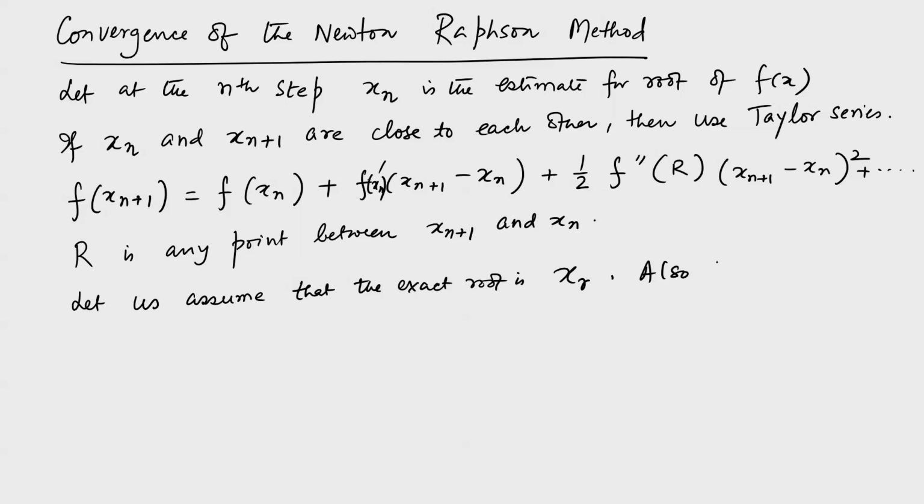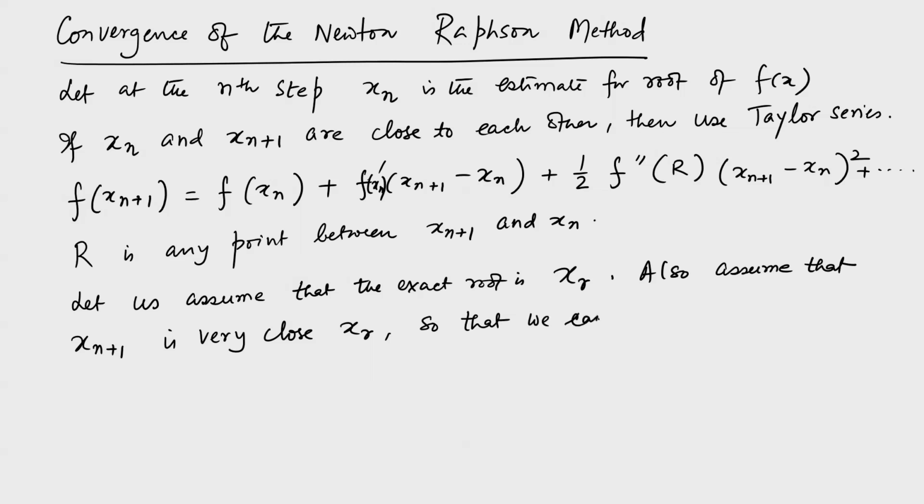Also assume that x n plus 1 is very close to the real root x r, so that we can claim f of x n plus 1, which is equal to f of x r, equal to 0, because if it is a root, then of course the value of the function will vanish there.